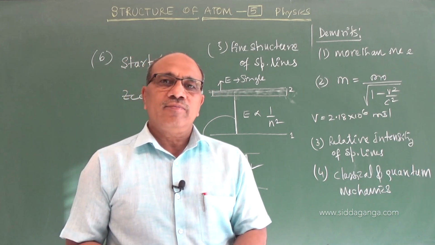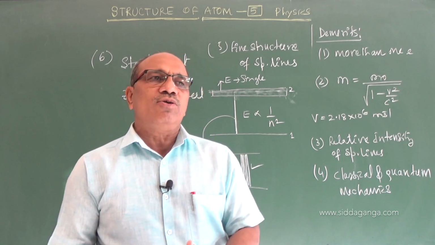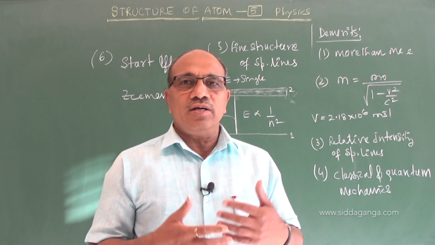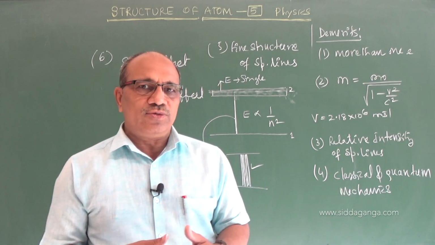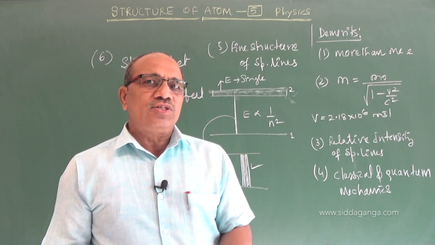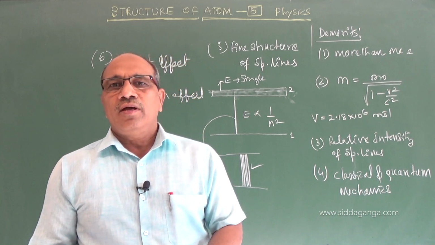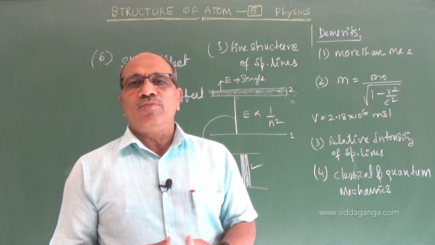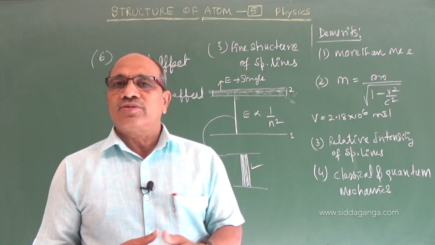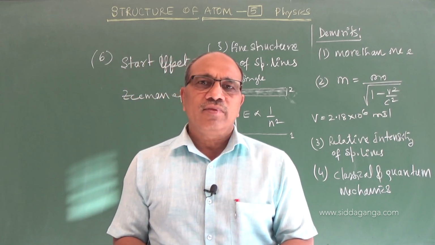Second, the radius, ionization energy and Rydberg constant calculated from Bohr's theory are in good agreement with the experimental values. Even nh upon 2 pi has the dimensions of angular momentum, and quantization of angular momentum is more relevant, and hence the second postulate is right. They were considered to be the major successes of the theory.